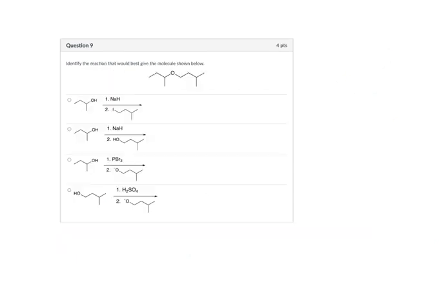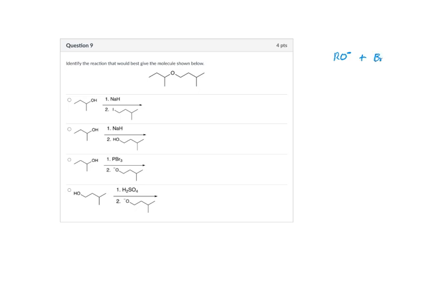All right, the next problem that some of you had a hard time with is the synthesis of this ether up here. So when we want to synthesize an ether, usually what we're going to do is take an alkoxide like this, react that with some type of alkyl halide.